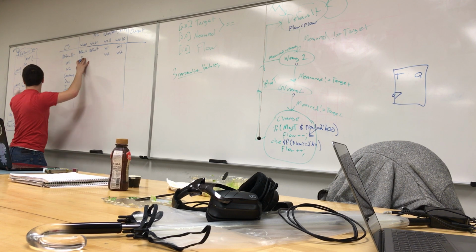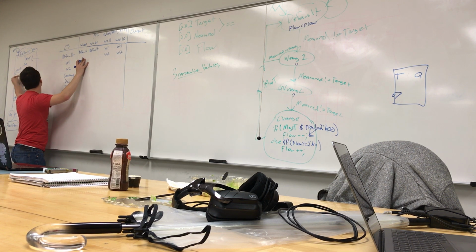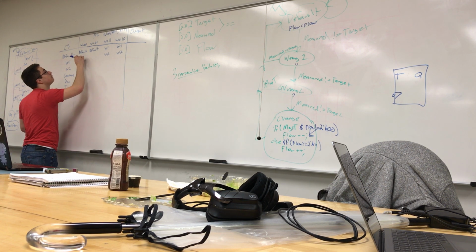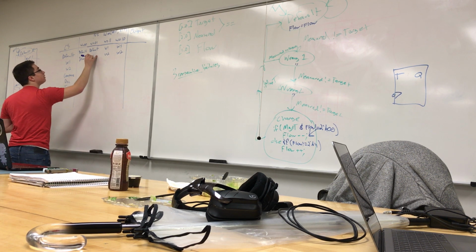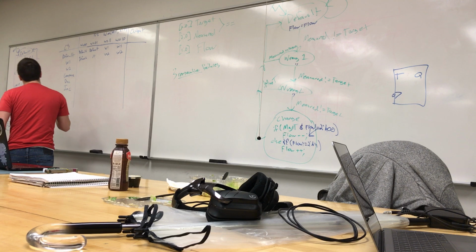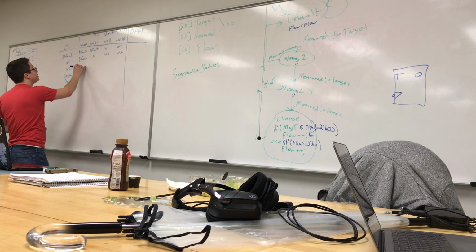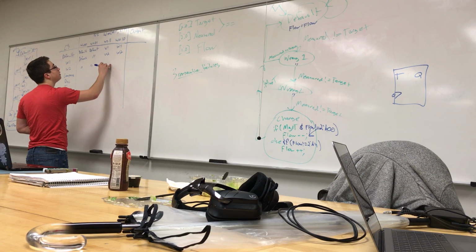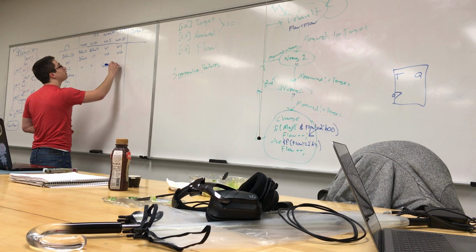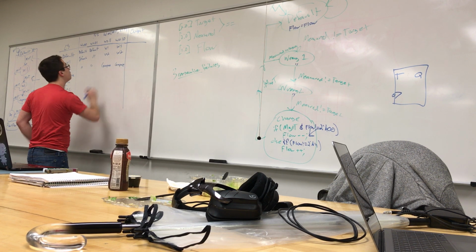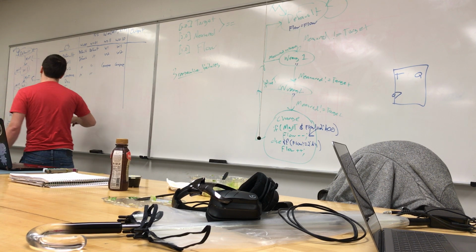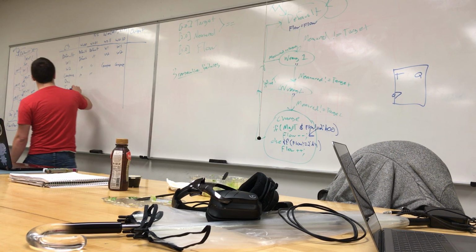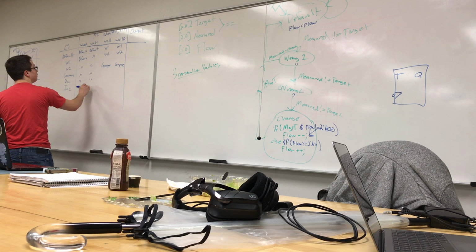But remember, on equal, we don't stay in wrong 1, we go back to default. So this one's default as well. W2 has the same thing, but it goes to compare. Compare also has the same thing. And decrement and increment always go to default, right?